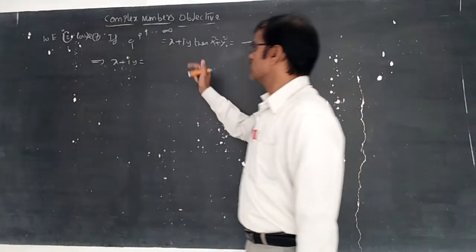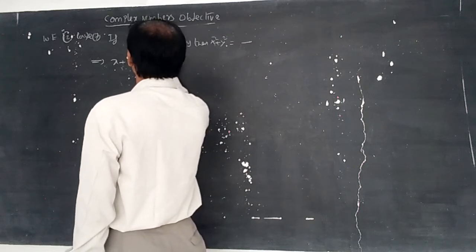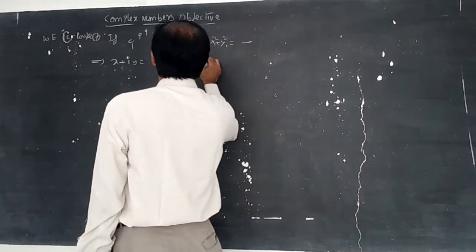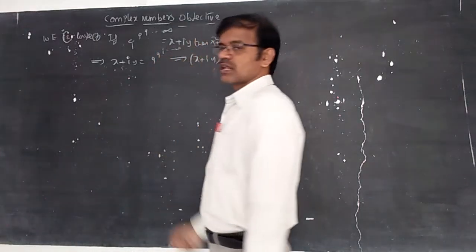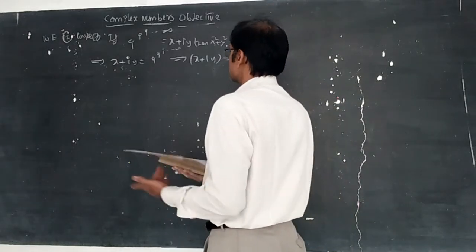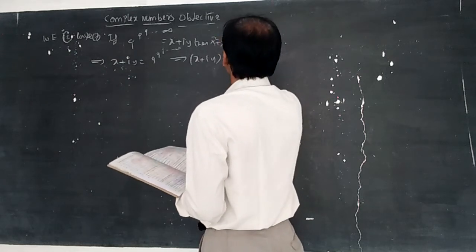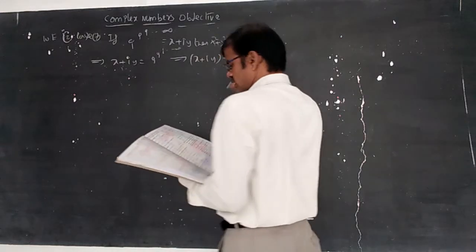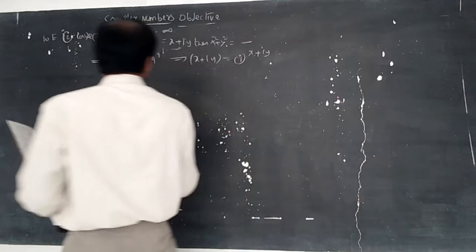That is why in the concept you can understand here x plus iy is equal to i power i power so on to infinity. That implies just reducing one term, it is nothing but the same infinity terms we are having. So you can write here x plus iy is equal to i whole power x plus iy.